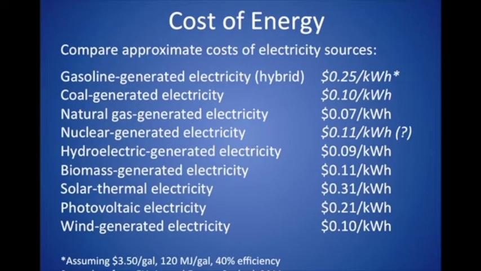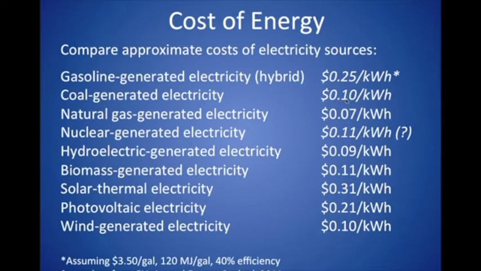Okay, here's a list of various prices for energy from various sources, all converted to kilowatt hours. I think gasoline here assumes $3.50 a gallon. The price, of course, fluctuates quite a bit. So gasoline, about 25 cents per kilowatt hour.